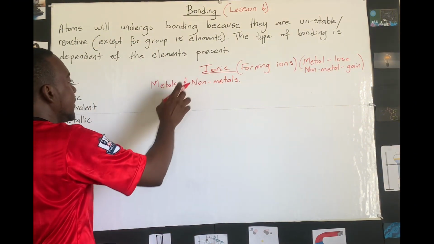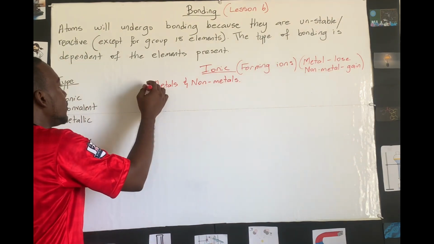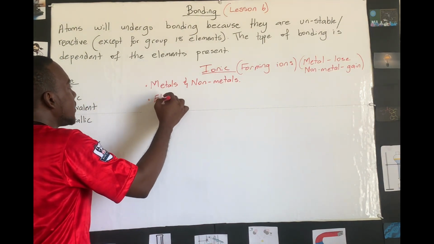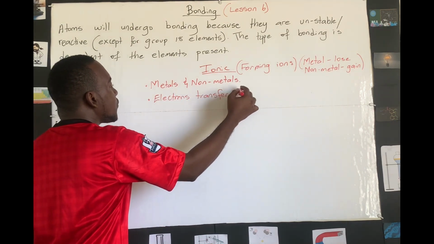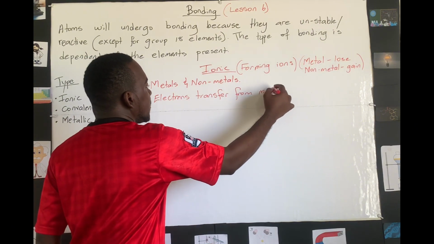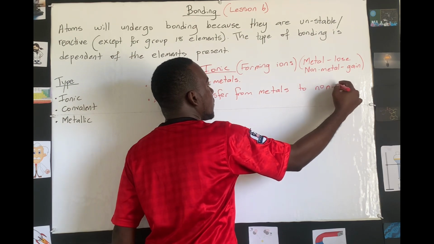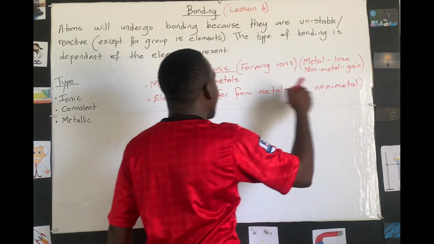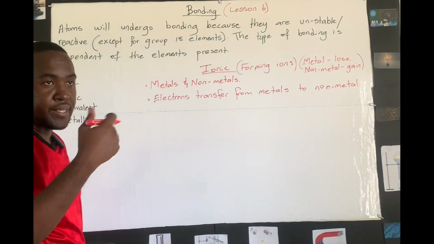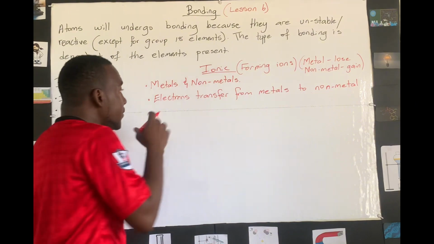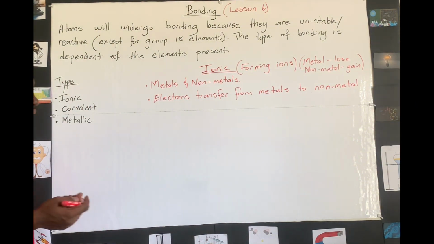So for ionic bonding, you have to have a metal and a non-metal. What happens when you have those two? The electrons transfer from metals to non-metals. Because remember, with ions, metals have to give, non-metals have to get. So metals give the electrons, and non-metals receive those electrons.